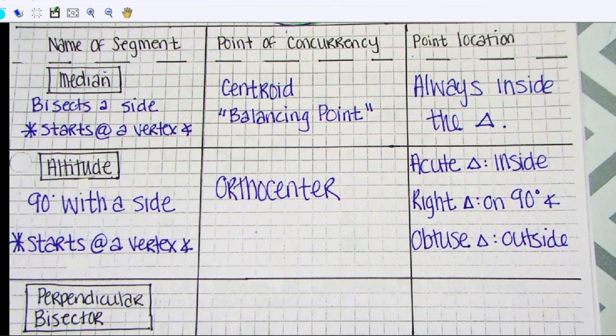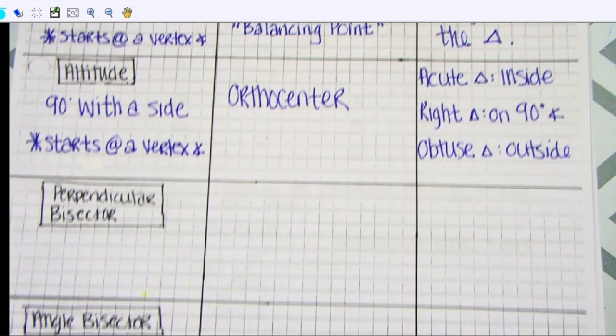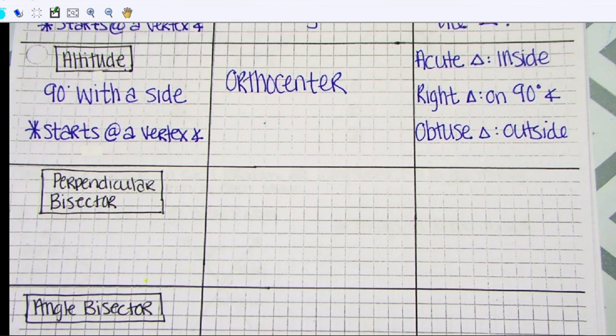All right, perpendicular bisector. What does that do? What is a perpendicular bisector? Okay, there's like two sides of a triangle.